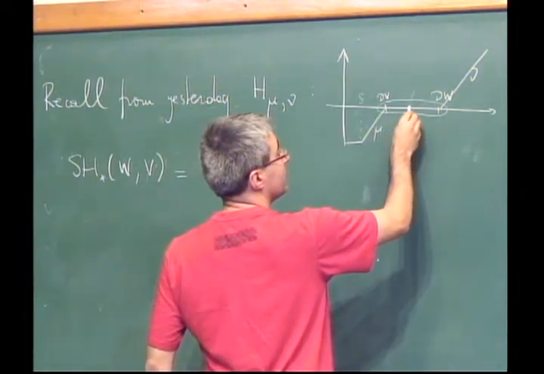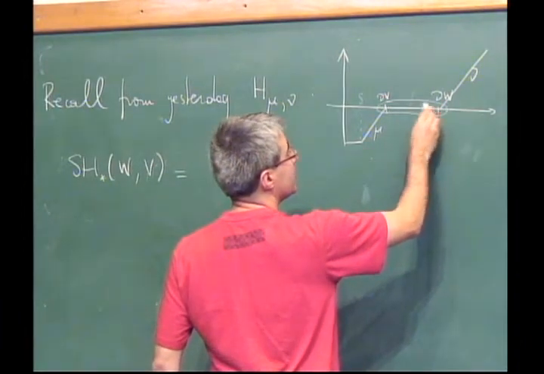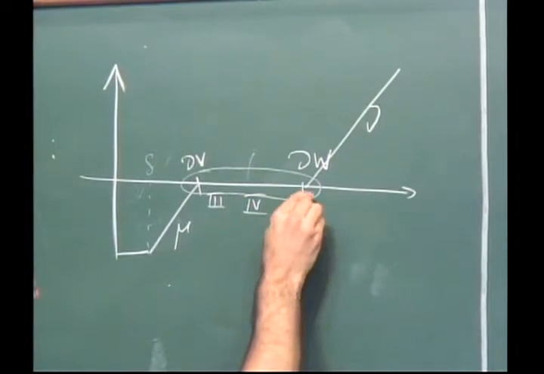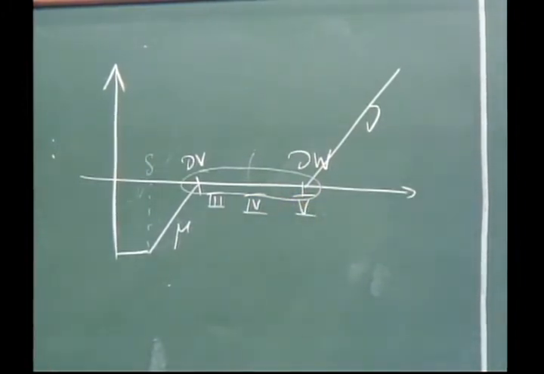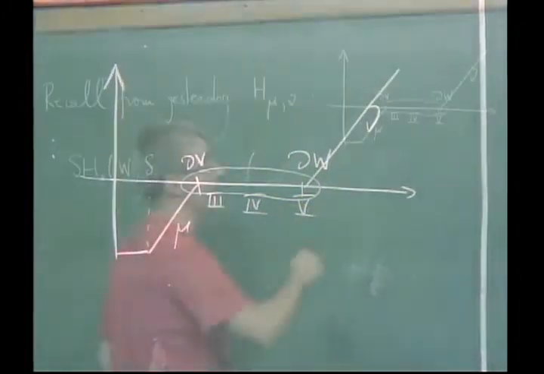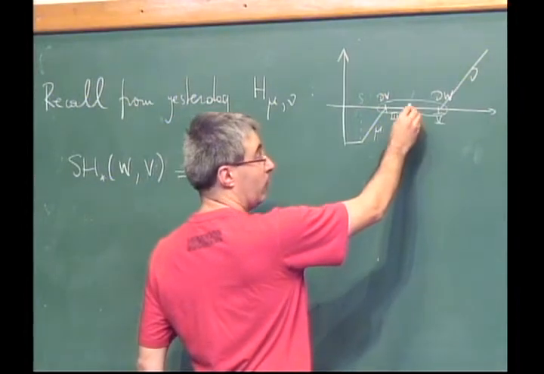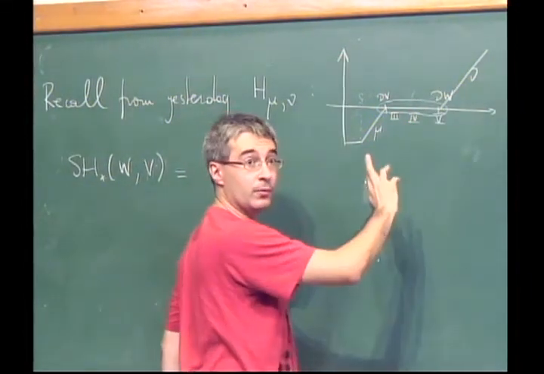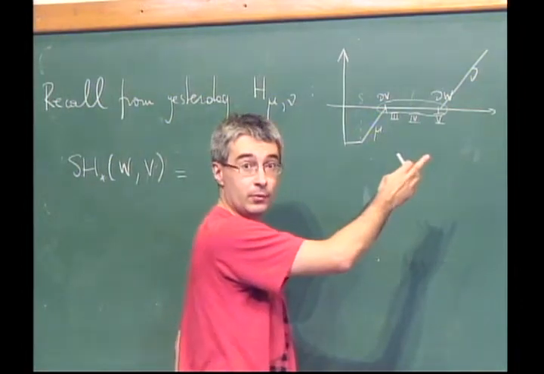Orbits here, and orbits here. So it was 3, 4, and 5. If you look back in your notes, that was the idea. Take into account the topology of this part and then dynamics on both the concave and the convex boundary.